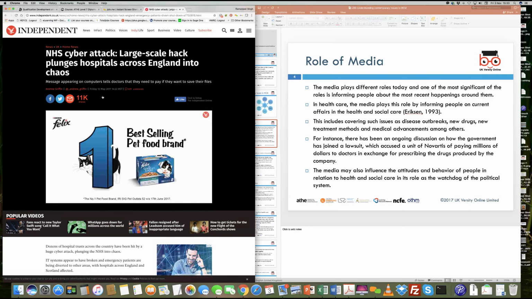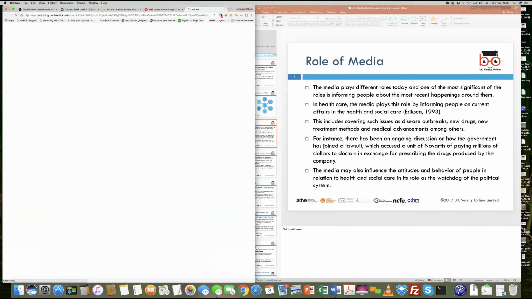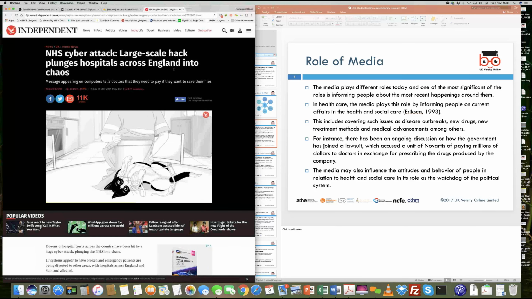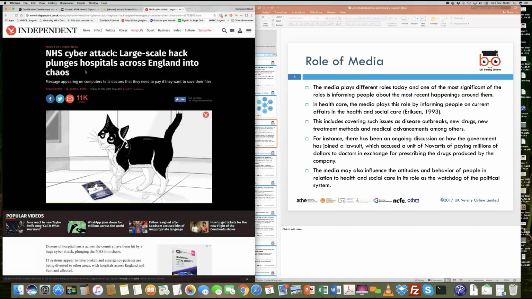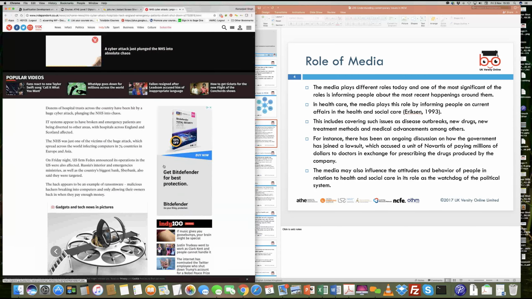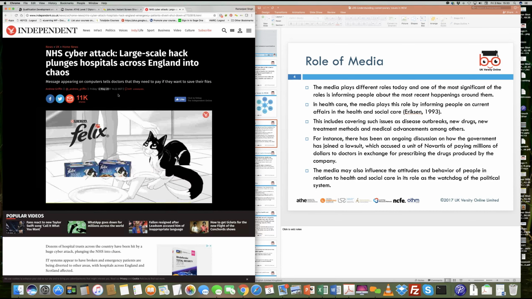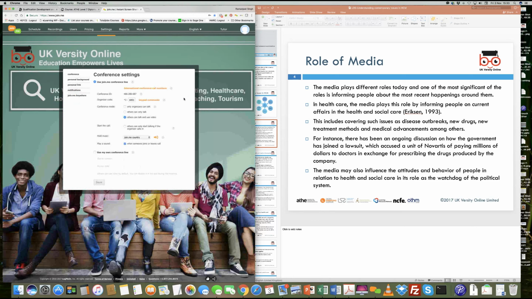So this was the big news: NHS cyber attack, large scale hacks plunge hospitals into chaos. This was in the news in the months of May and June in particular. We also had these attacks happening in Scotland in particular.